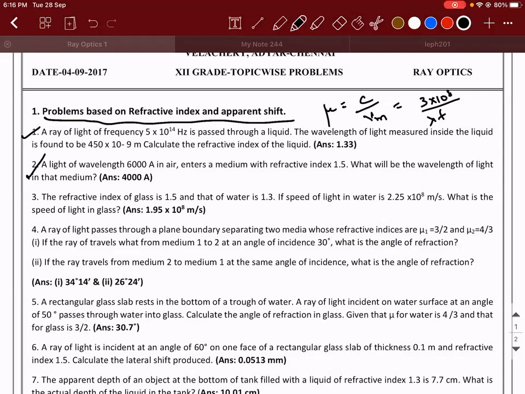Do the second one. There is a light of wavelength 6000 angstrom in air, enters a medium with refractive index of 1.5. What will be the wavelength of light in that medium?